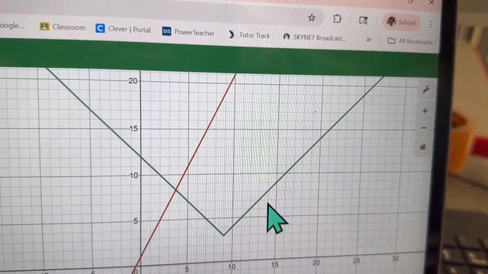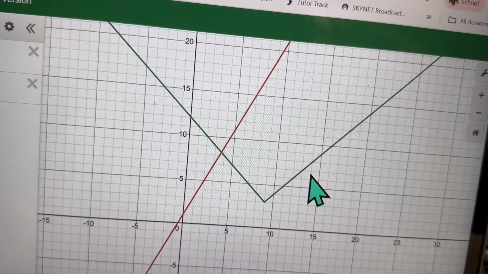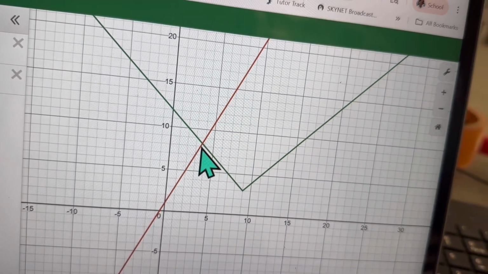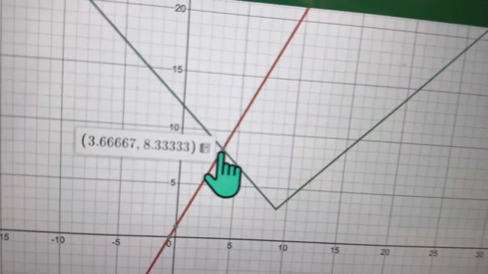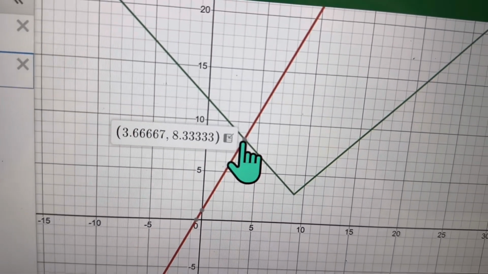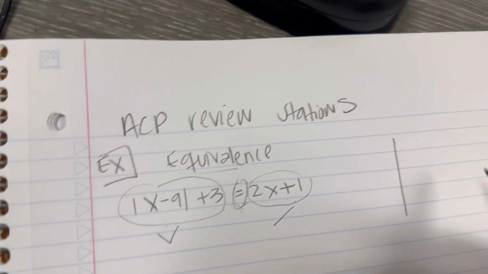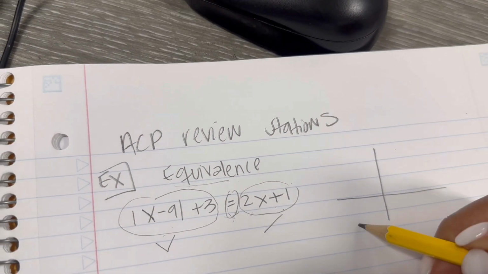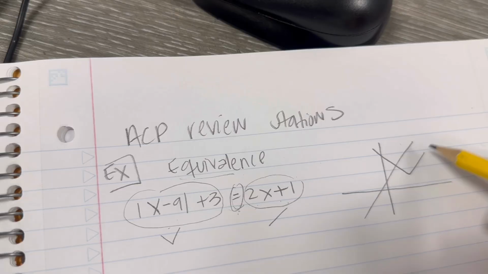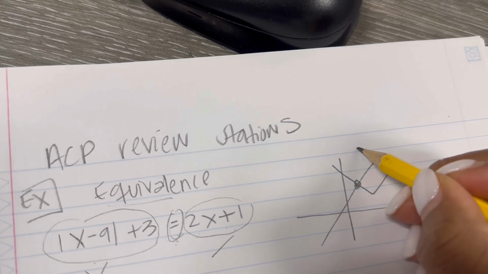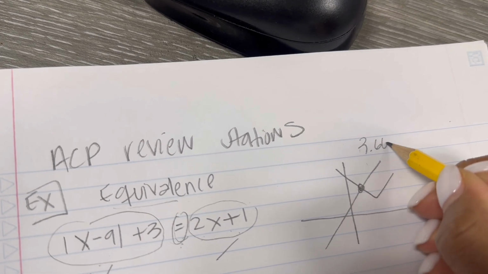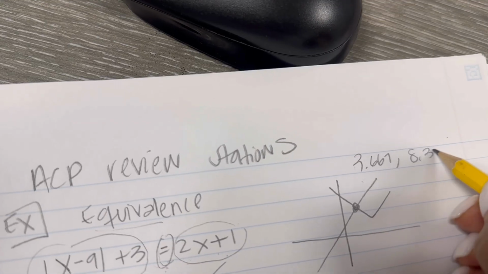Where do they cross? They might cross twice, so make sure you are careful about that. This cross is only one time, as you can see, at 3.667. So you're gonna graph it and show where they cross: 3.667, comma 8.33.